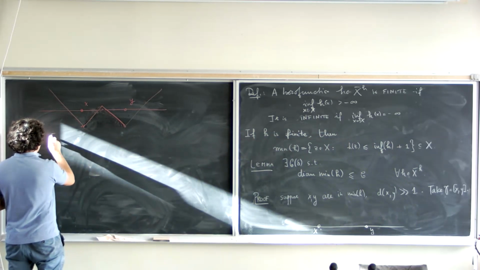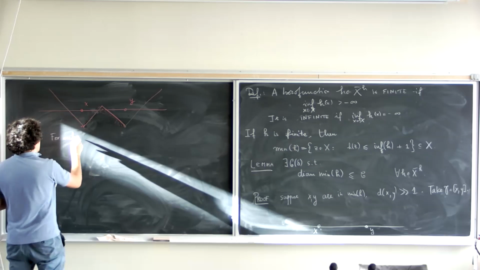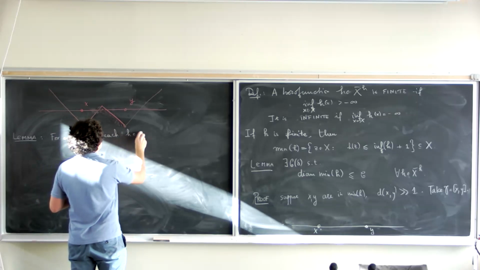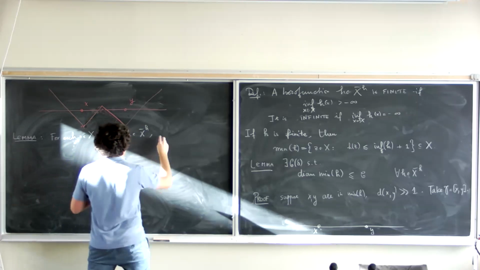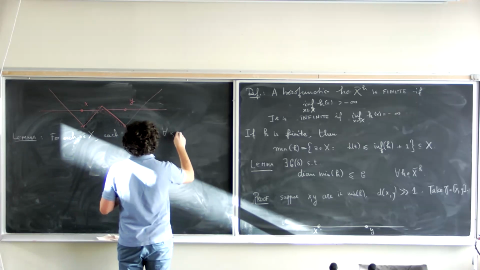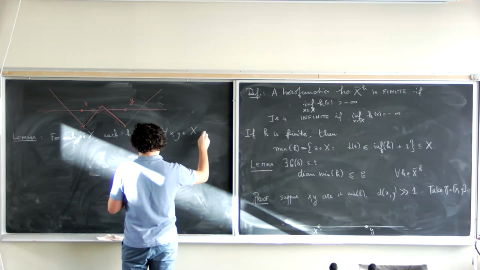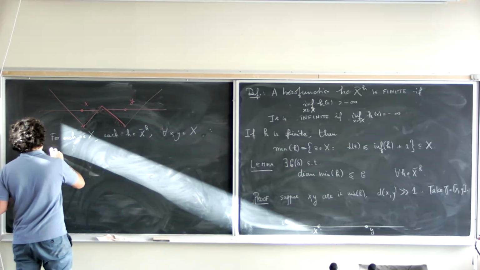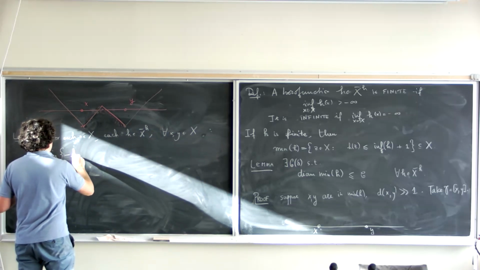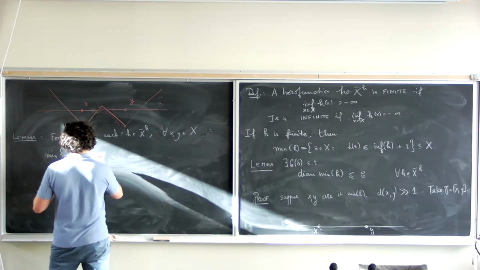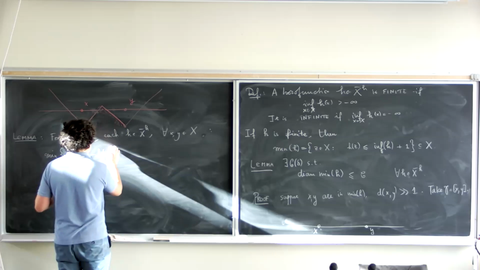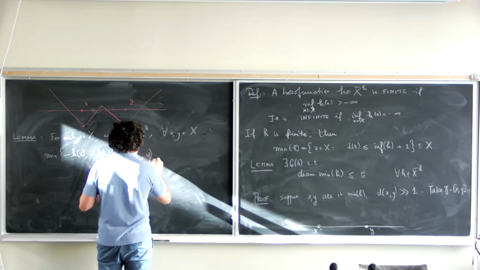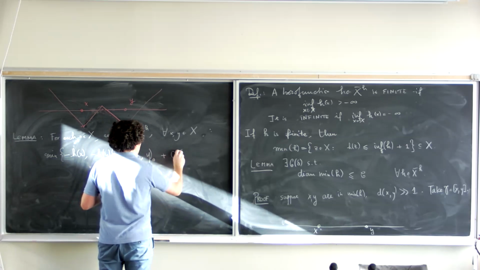So for each base point O, each H, each Horo function, and each pair of points X and Y, we have the following inequality: the minimum between minus H at X and minus H at Y is bounded above by the Gromov product of X and Y based at O plus O of delta.